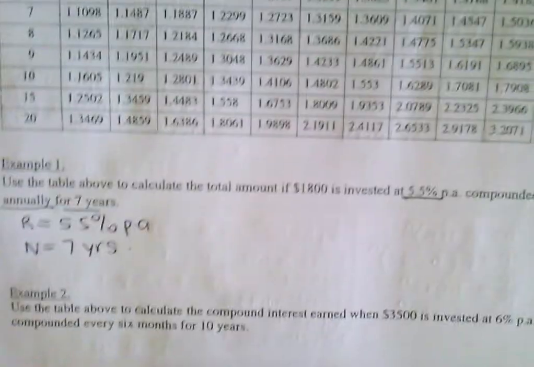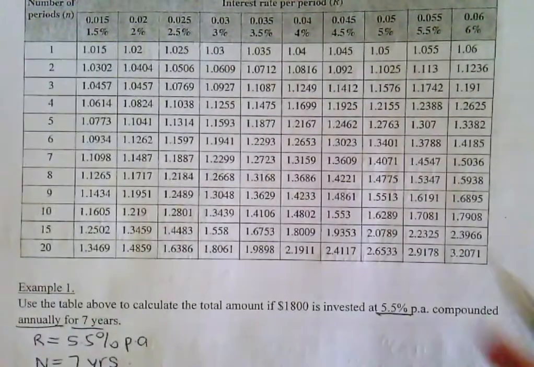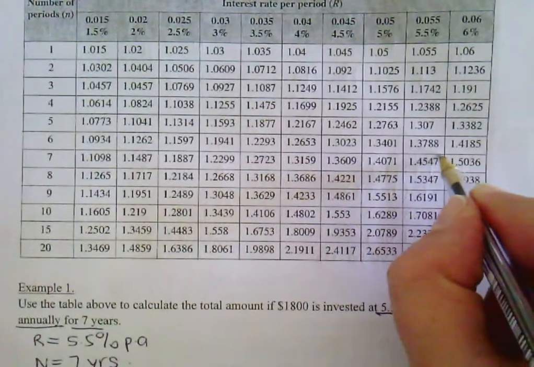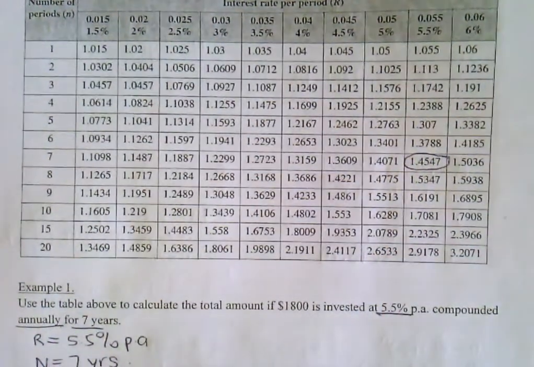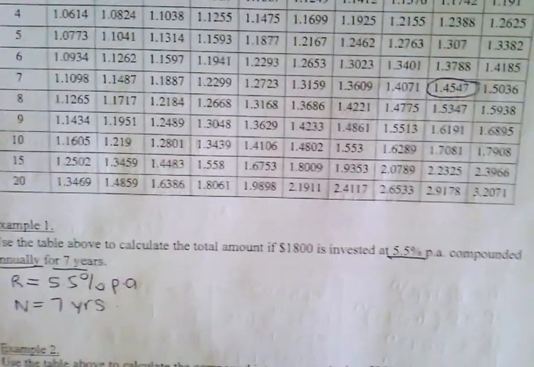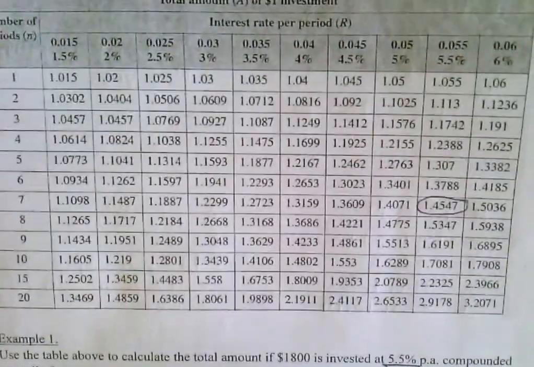So we just use our table, come across at N is 7, and look for R is 5.5%. And I can use it as a percent. So we come down here, and I'm circling this value here. 1.4547.